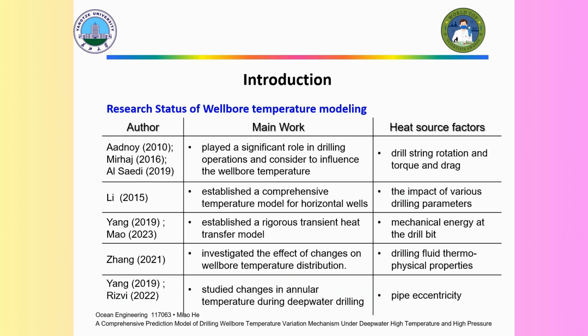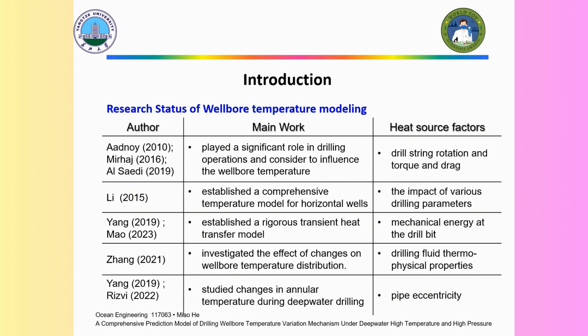Previous studies from 2010, 2016 and 2019 played a significant role in drilling operations and considered factors influencing the wellbore temperature, drill string rotation, and torque and drag. The 2015 study established a comprehensive temperature model for horizontal wells, examining the impact of various drilling parameters.